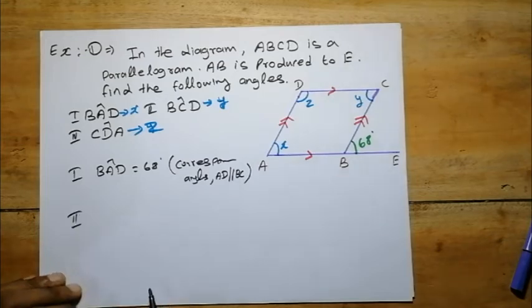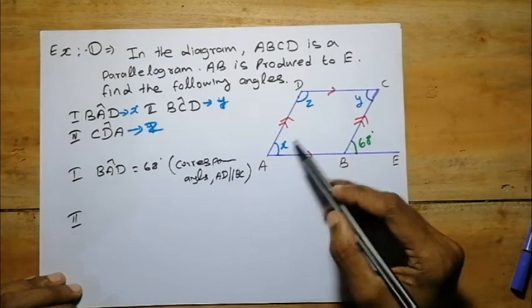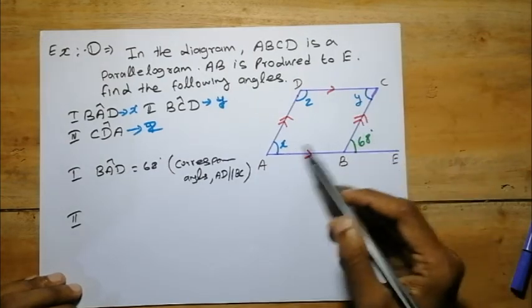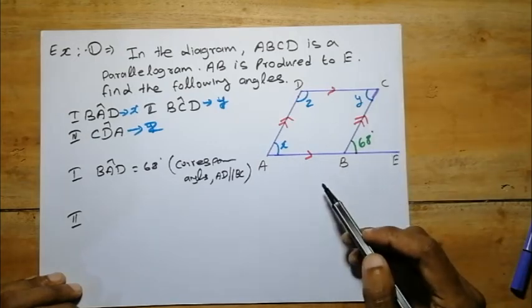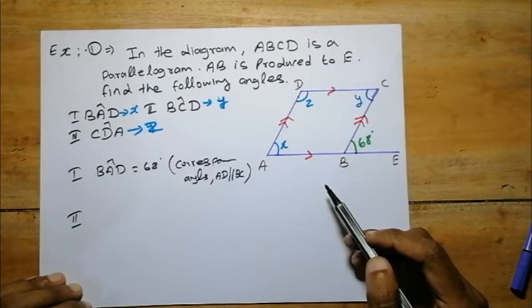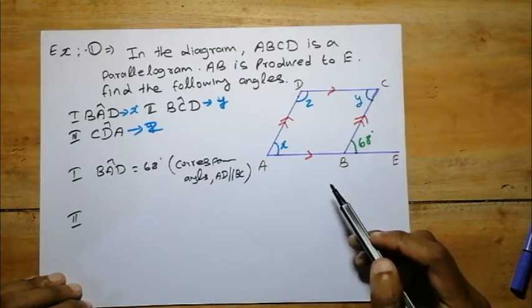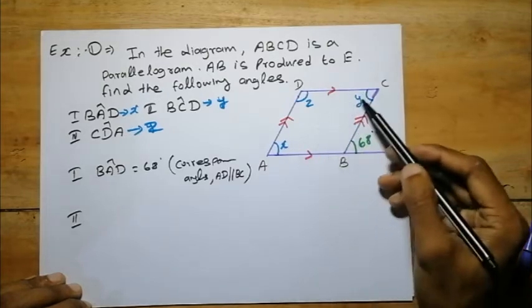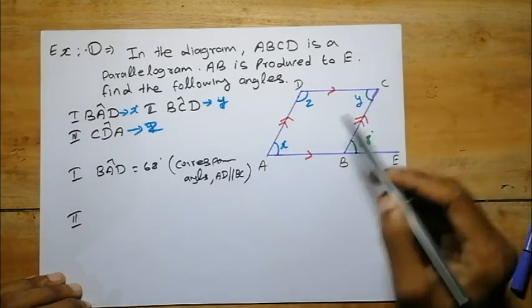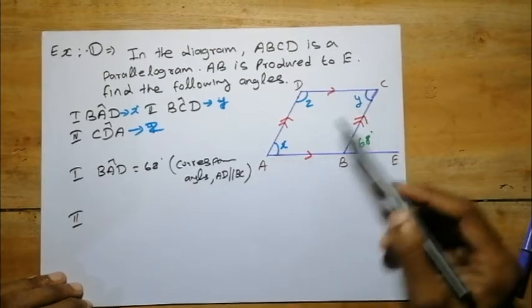Okay, second part, BCD. What is the relationship between X and Y? The second property, the second characteristic of the parallelogram we studied as a theorem: opposite angles are equal. Opposite angles means the angles at opposite vertices.